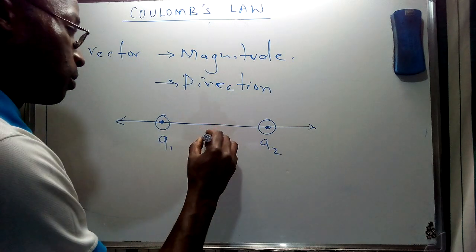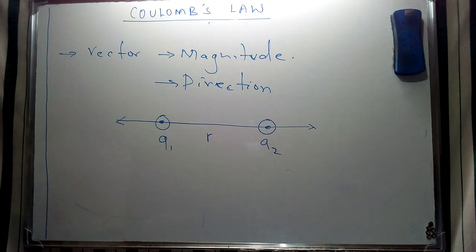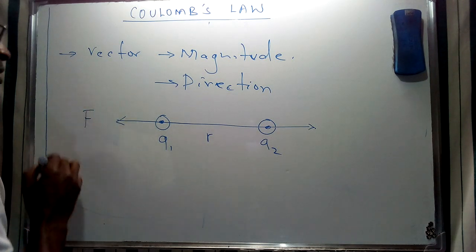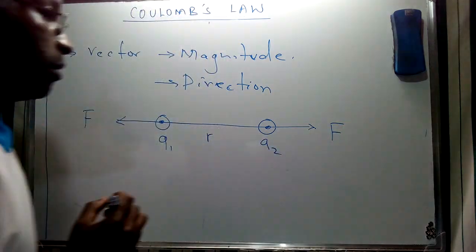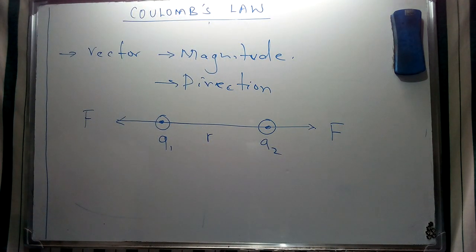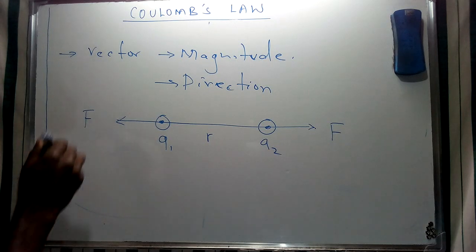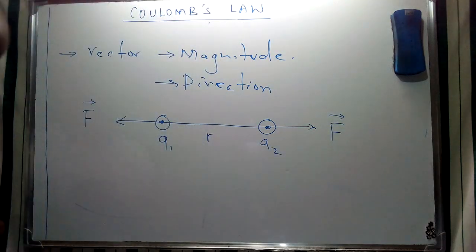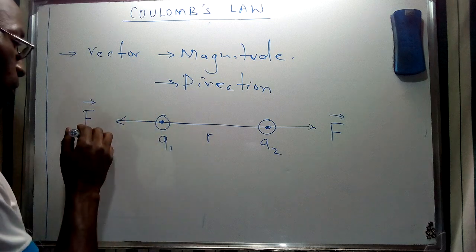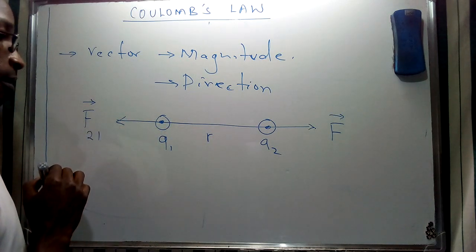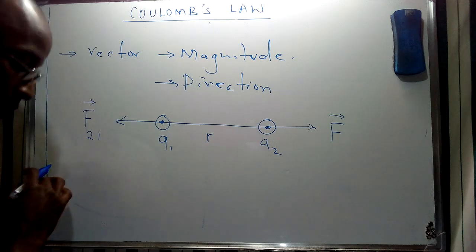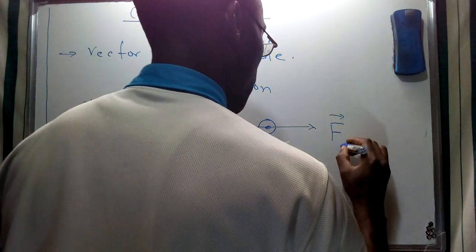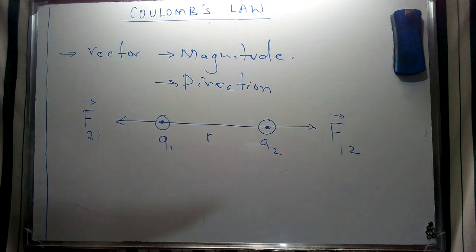So we can consider the distance between the two particles as R, as I indicated in my first case. Therefore, we have two forces being experienced at the two ends of this assembly of two particles. We can represent the force from my left using this particular arrow, since force is a vector quantity. This is the force of 2 on particle Q1, and this is the force of 1 on particle 2, which can be represented as such.